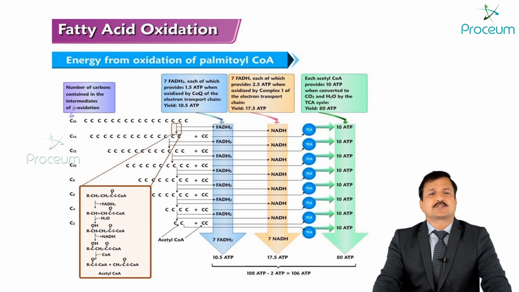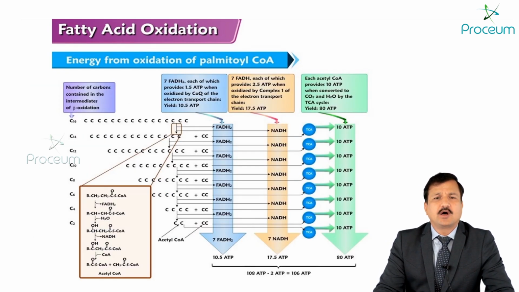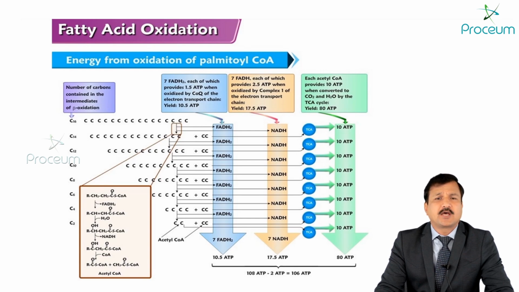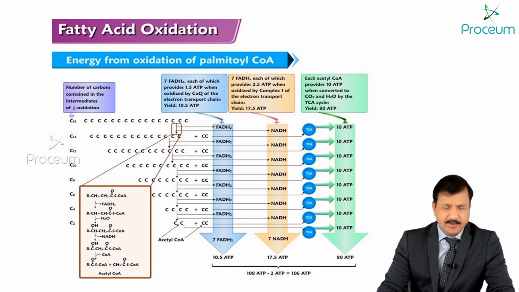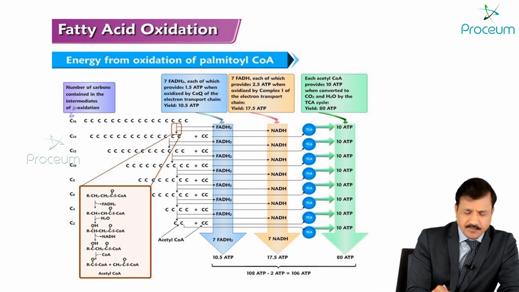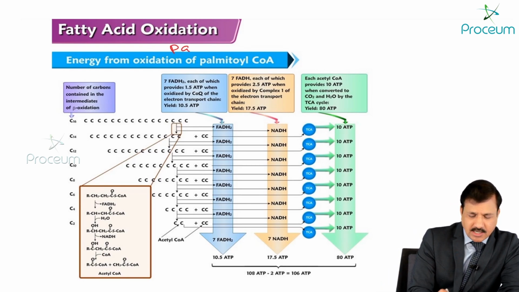Now, this particular slide shows how beta oxidation of palmitic acid goes on and how much energy we get upon complete oxidation of palmitoyl-CoA molecules. Palmitic acid is converted into palmitoyl-CoA, that's the requirement. Let's start from there.